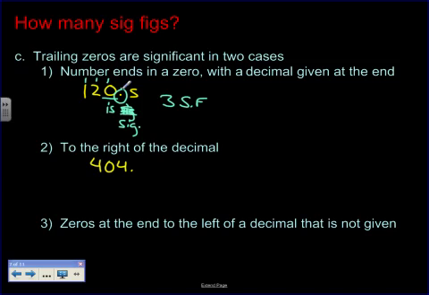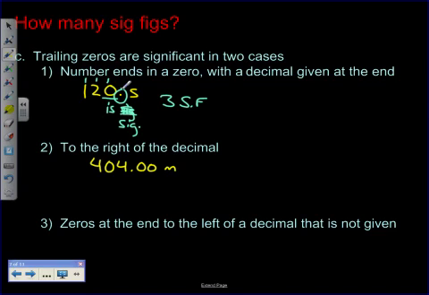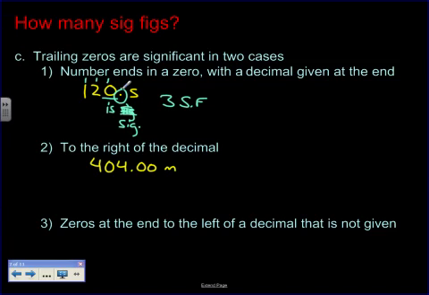So if we're talking about zeros to the right of a decimal, in this case we got 404.00. If they're to the right of the decimal, they're there to show the precision of the measurement, and that means they are significant. We know that the zero in between the fours is significant. It's captive.